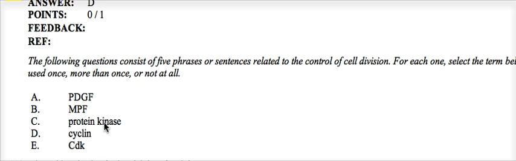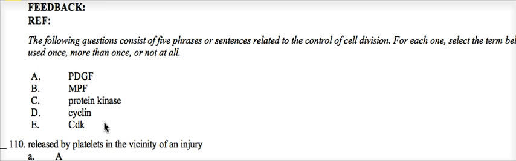MPF is the maturation promoting factor, or the M phase promoting factor. Cyclin is cyclin, and then CDKs are cyclin-dependent kinases. Protein kinases are enzymes that activate or inactivate other proteins by phosphorylating them. And that comes from chapter 11, of course.